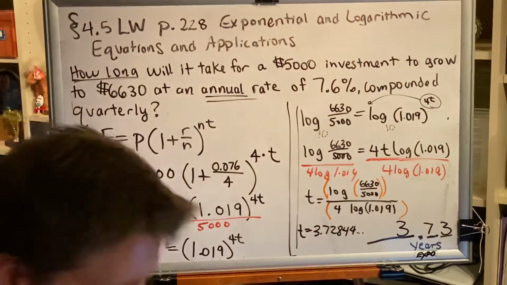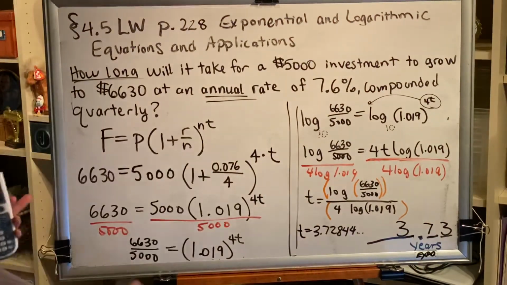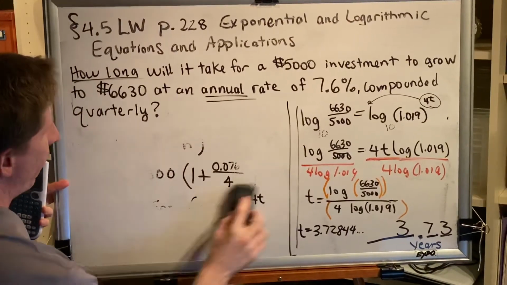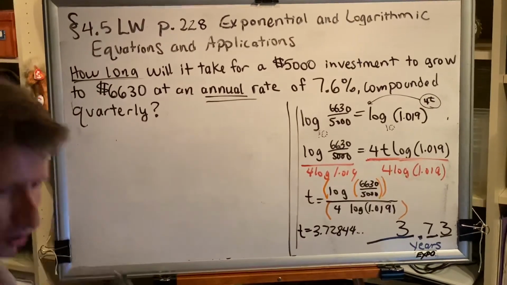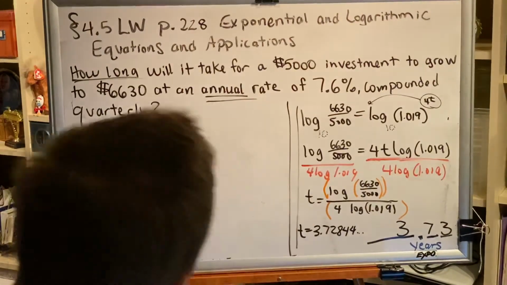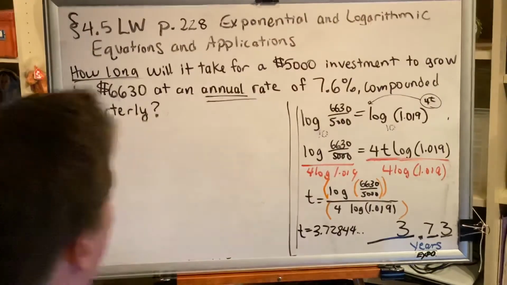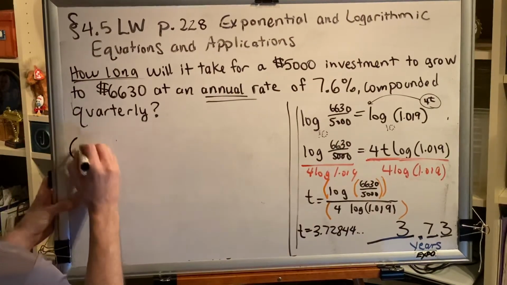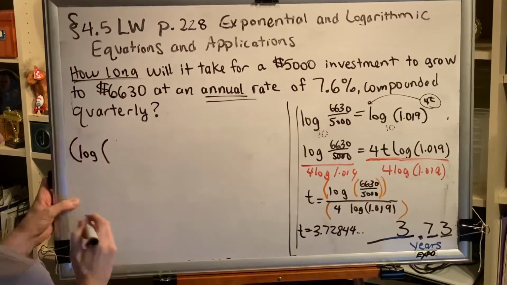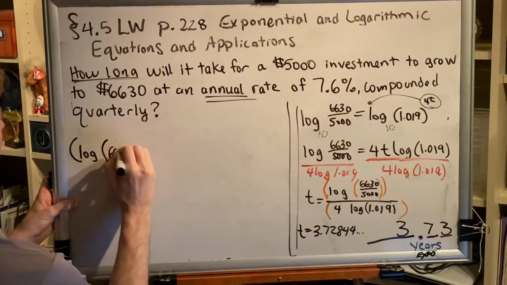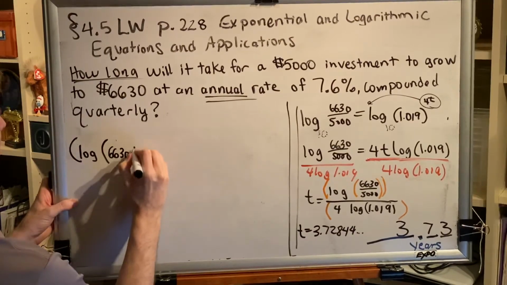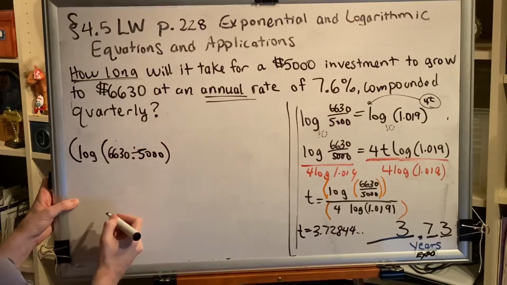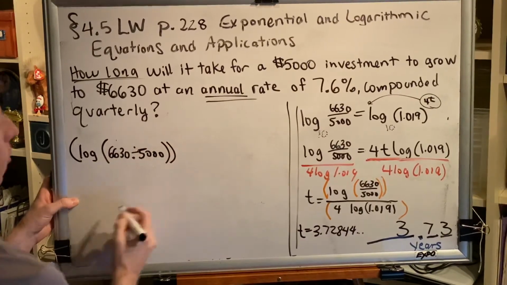Okay, now what if you don't have the multi-view? How are you going to enter that in your calculator? Well, let's show you how to do that. My advice is to write it out on paper first, and then put it in your non-multi-view calculator. Okay, so we've got parenthesis for the numerator, then the word log, parenthesis for the argument, 6630, division key, 5000, close parenthesis on the argument, close parenthesis on the numerator.